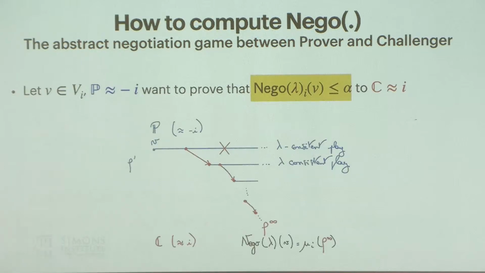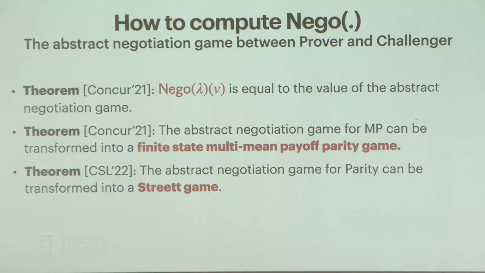So this game is the important game to solve. We have also shown that we can transform this abstract negotiation game, which is infinitely branching because the prover can choose any outcome, so it's an infinite path, into a finite multi-mean-payoff parity game.